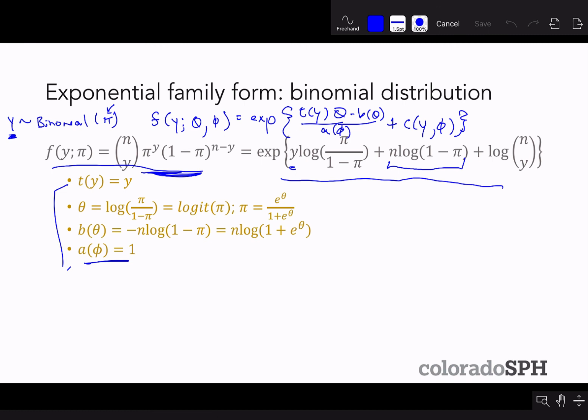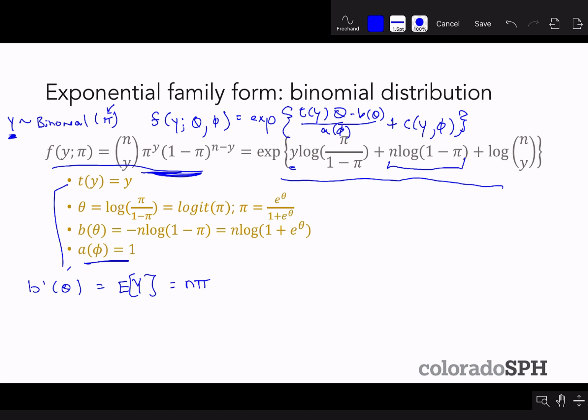I'm not going to go through the details here, but I encourage you to derive it on your own and find that if you take b prime of theta to get the expectation of y, you end up with n times pi, so the number of trials times the probability of success on each trial.